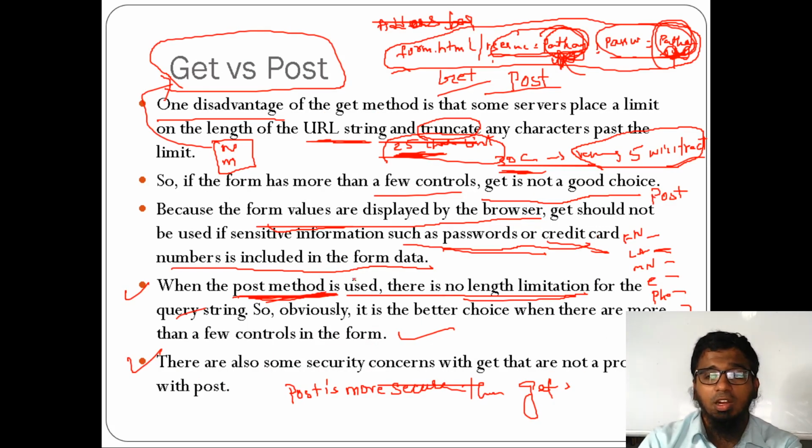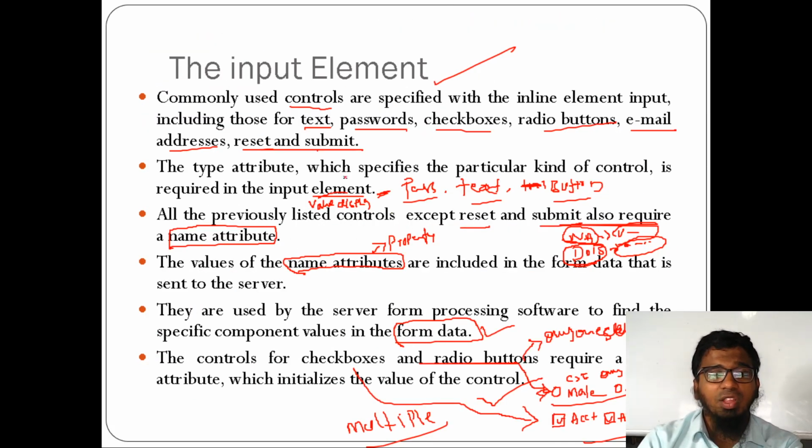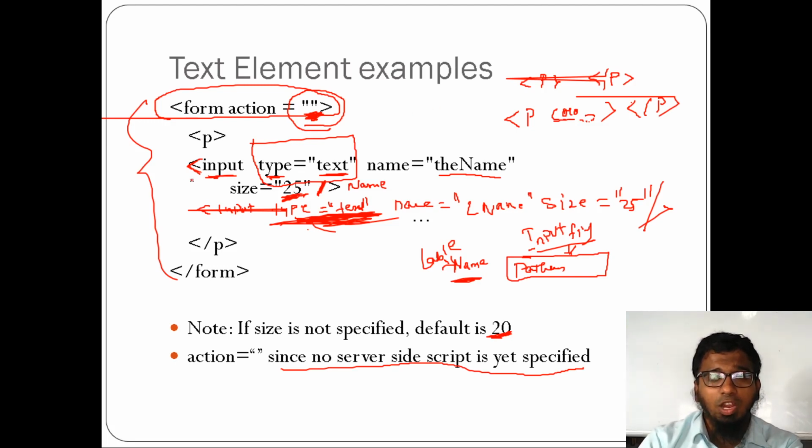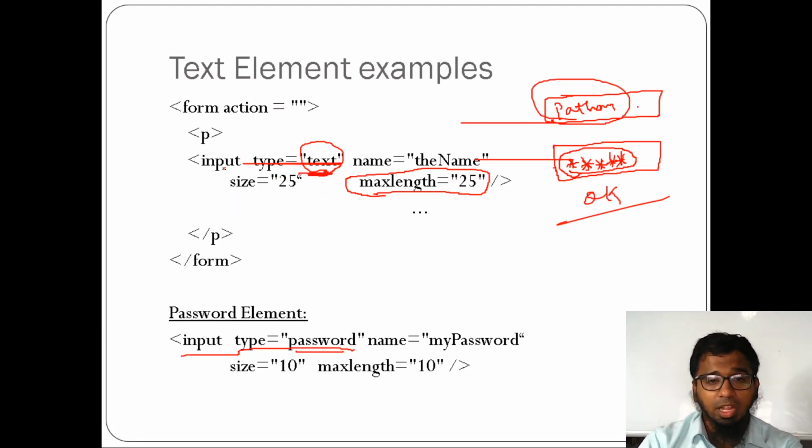After that we saw the input element, how the input element is used to insert fields in HTML. With the help of input we can insert the field in the form. That we will do in practical. I just showed you this theoretically.